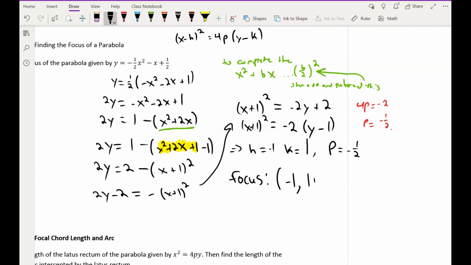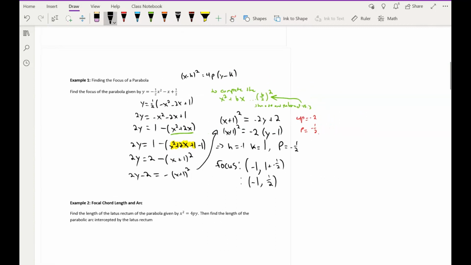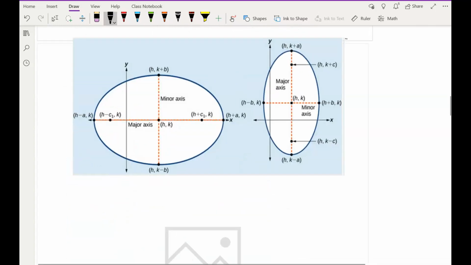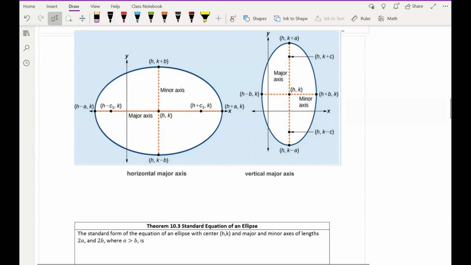So it's going to be 1 plus -1/2. So we get a focus of (-1, 1/2). And that is our focus. That's all we have to do there. Okay, so we have some other examples. We'll cover those later. We're basically just going to work on the algebraic concept. So now we're going to move on to ellipses.